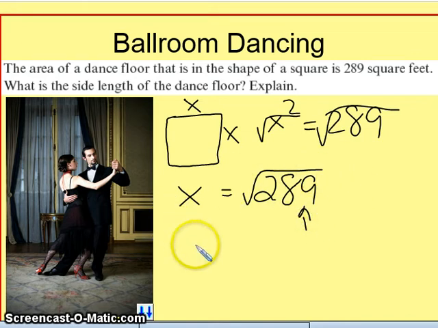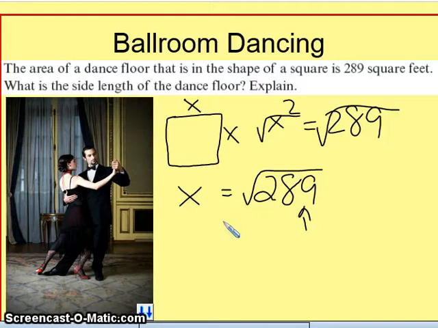So let's think about some square numbers near 289. We know 13 squared is 169. We know that 14 squared is 196, so still not close enough. Let's try 16 squared.